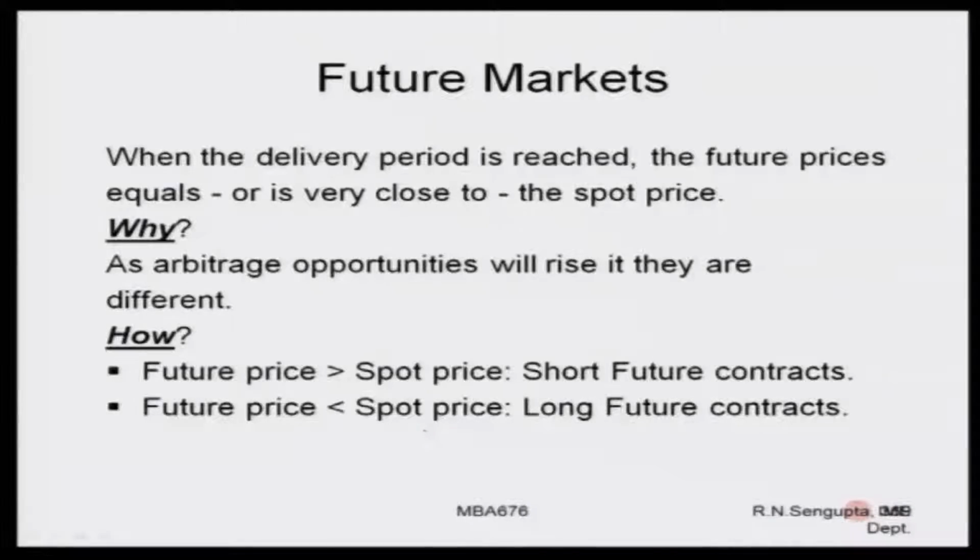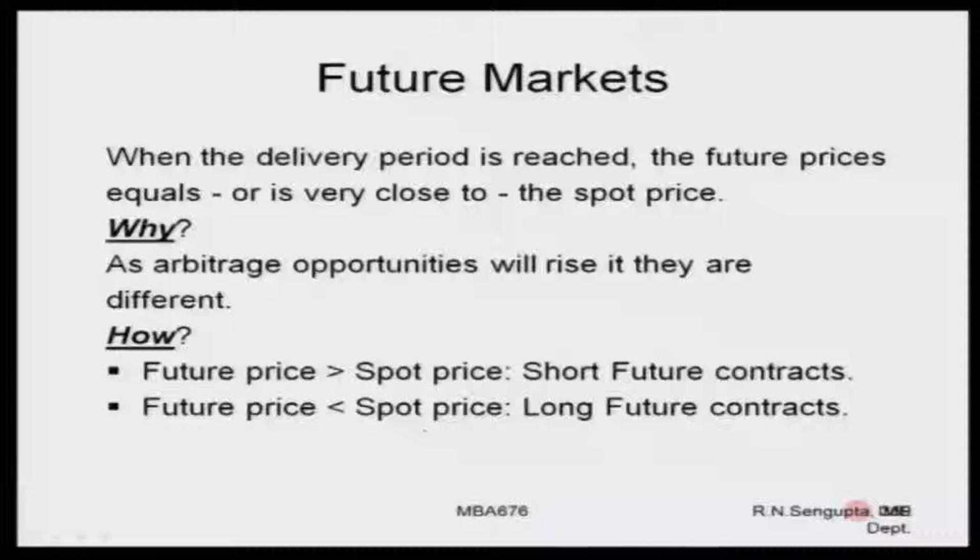Now, when the delivery period is reached, what happens if the futures prices are not equal to the spot price? If the futures price is greater than the spot price, then obviously we will short a futures contract, because the spot price at time t0 is less than the futures price. I will sell the product according to the price in the contract, which means I will buy it from the market at a lower price, sell it at a higher price and make a profit.